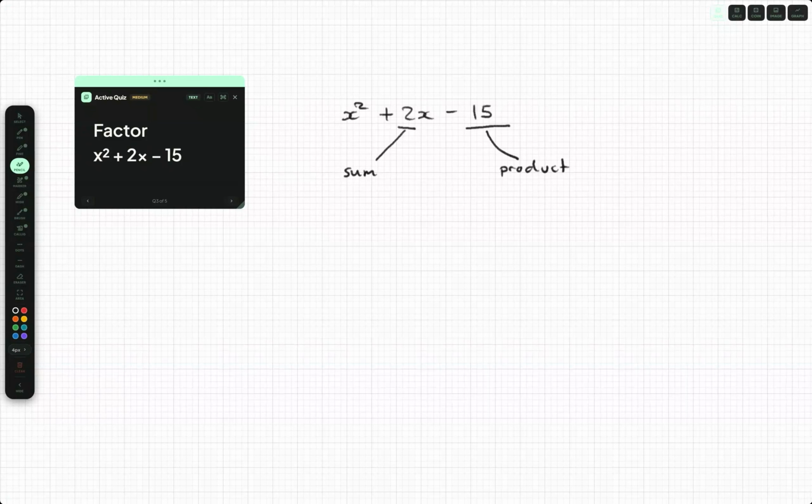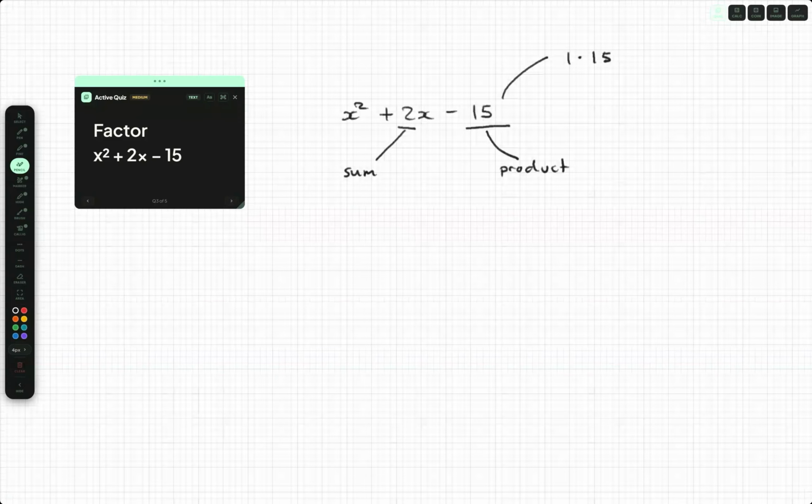Now let's think about our potential factors of 15. We have 1 times 15, which isn't going to work. And we have 3 times 5. That's pretty good. Now we need to decide which sign is going to be which. Because we end up summing resulting in a positive number, that means the positive value will have to be larger than the negative value.